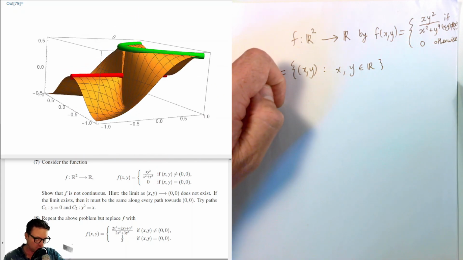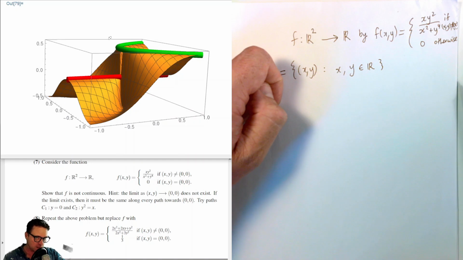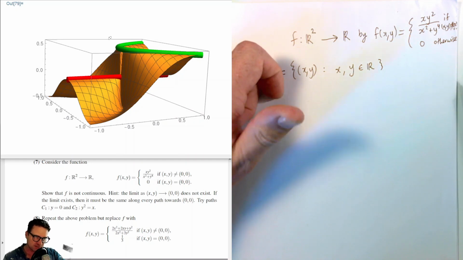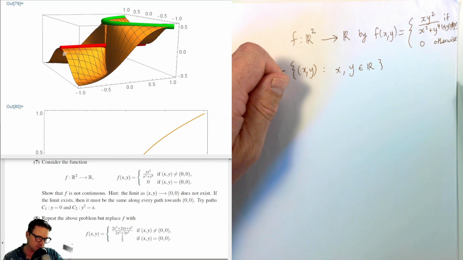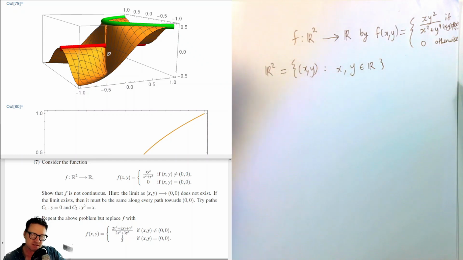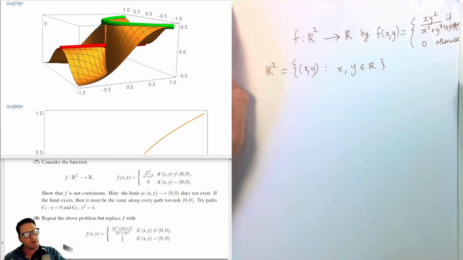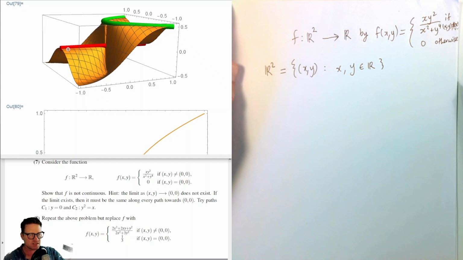Okay, so we're going to learn that the limit as x, y goes to 0 along these two different paths takes us on the red path to 0 and on the green path to 1/2. And since those two are not equal, this function is not continuous at the point 0, 0.